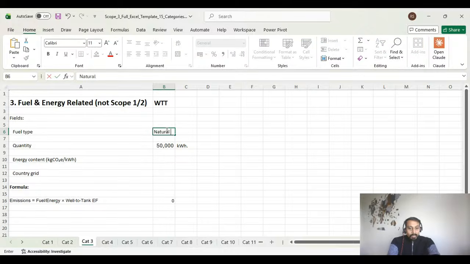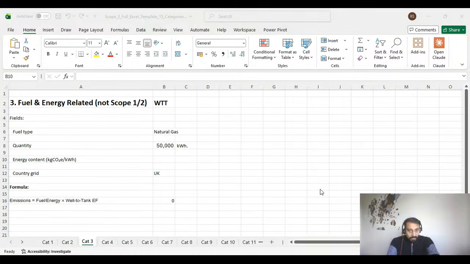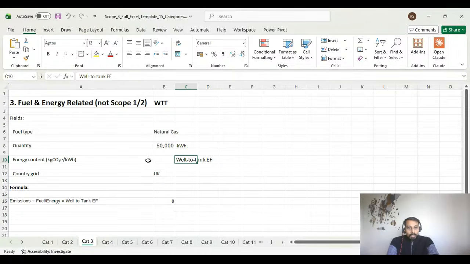Country grid is UK. For energy content, the emissions factor is very important here, because we are going to use the well to tank emission factor, as I mentioned, cradle to gate or well to tank. So the well to tank emissions factor is 0.025 from UK DEFRA.